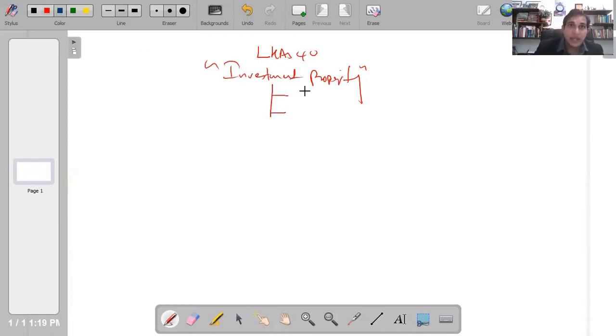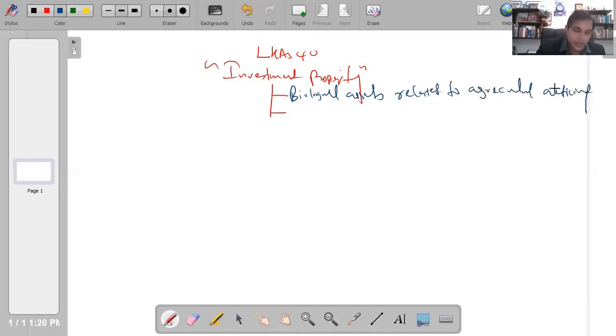Let me write that one in a different color. Biological assets related to agricultural activity. That is LKAS 41, the related standard is LKAS 41.